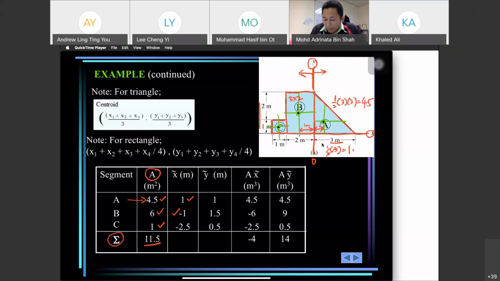Next, for C, we know that the length of the base for C is 1 meter, so this one is 0.5. This is 2 meter, so we need to add 2 plus 0.5, which is 2.5 in the negative direction of x. That is x bar.